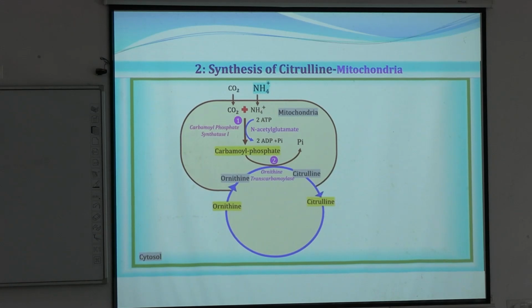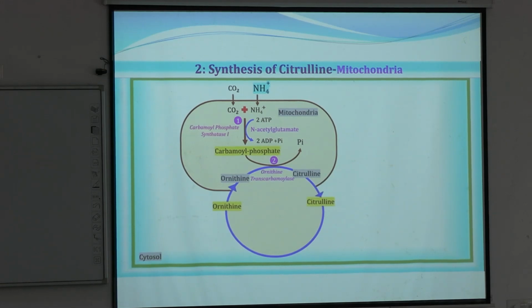The whole group is transferred to ornithine, one inorganic phosphate is released and citrulline is formed. This is also occurring in mitochondria. Clear? And here the enzyme is ornithine transcarbamoylase.